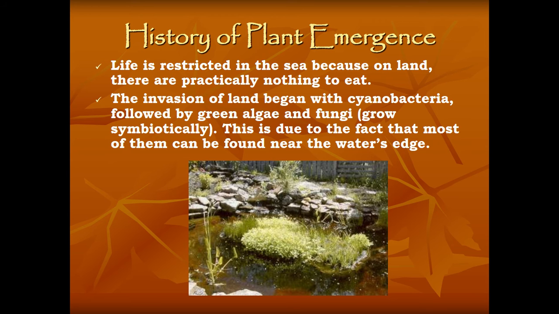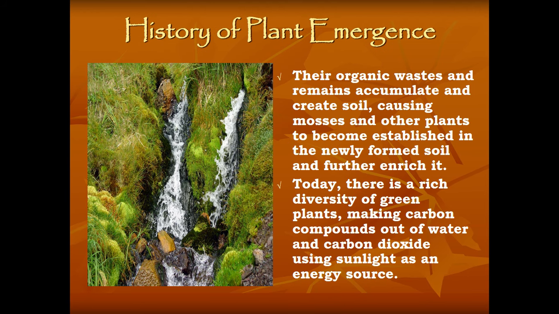Before this, life was restricted to the sea because on land there was practically nothing to eat. The invasion of land began with cyanobacteria from the bacteria kingdom, followed by green algae from the protist kingdom, and also the fungi from the fungi kingdom, in which these three kingdoms grow symbiotically, and most of them can be found near the water edge.